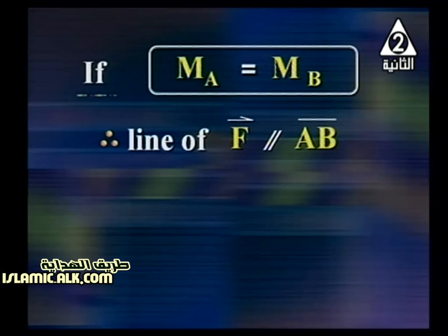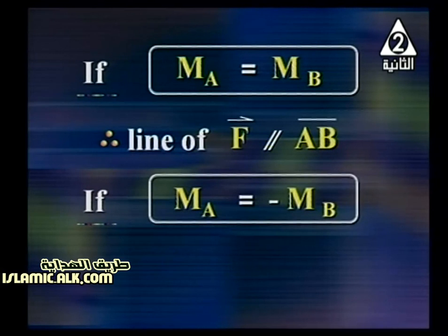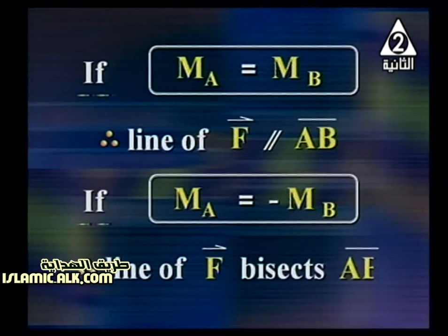Number two, if we find M_A equals negative M_B, the moment about B equals the negative of the moment about point A, what do you deduce? Yes, we deduce that the line of the force F bisects the line segment AB. Remember, dear student, the two remarks are important.